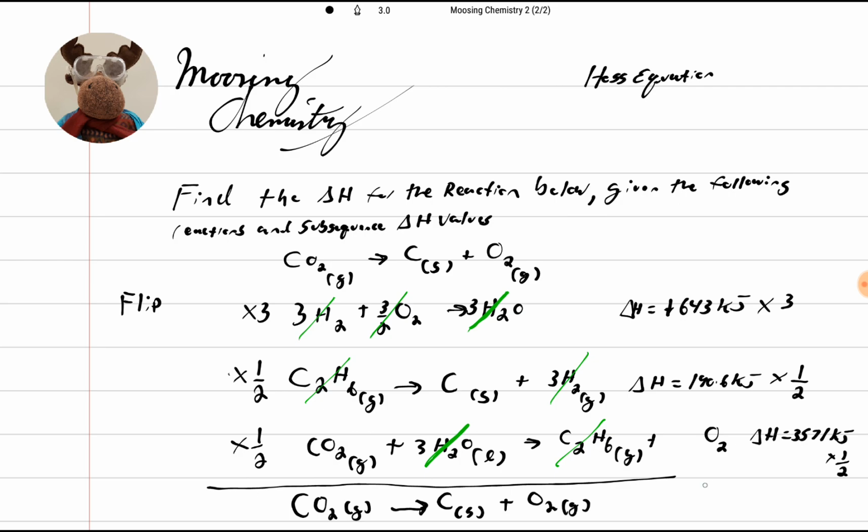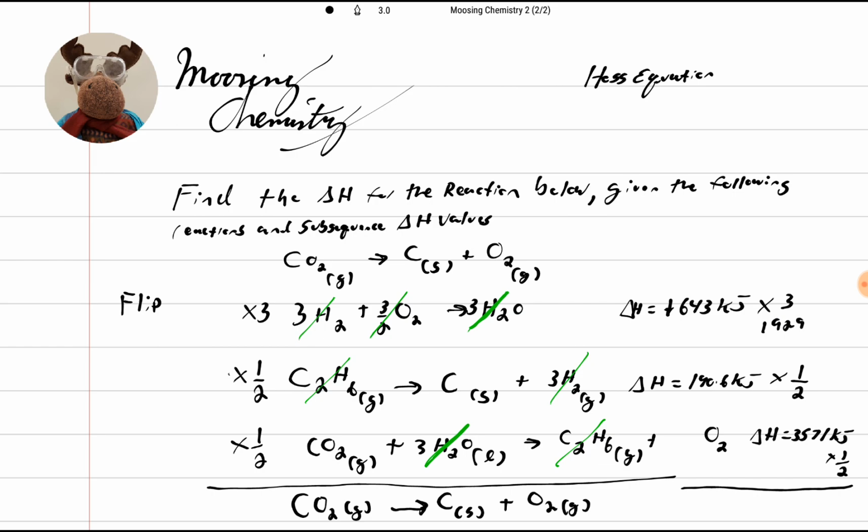Now we need to add up our delta H's. So we have to multiply this one by 3. We're going to take 643 times 3. That's going to give me 1,929 here.